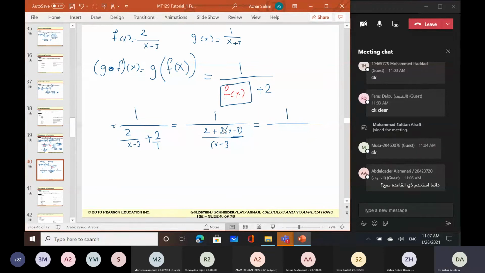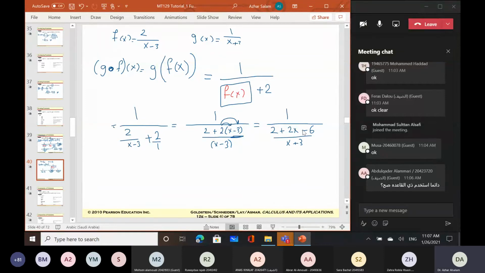Before I do the division, I expand the brackets: 2 plus 2 multiplied by x and 2 multiplied by minus 3. 2x minus 6 over x plus 3.